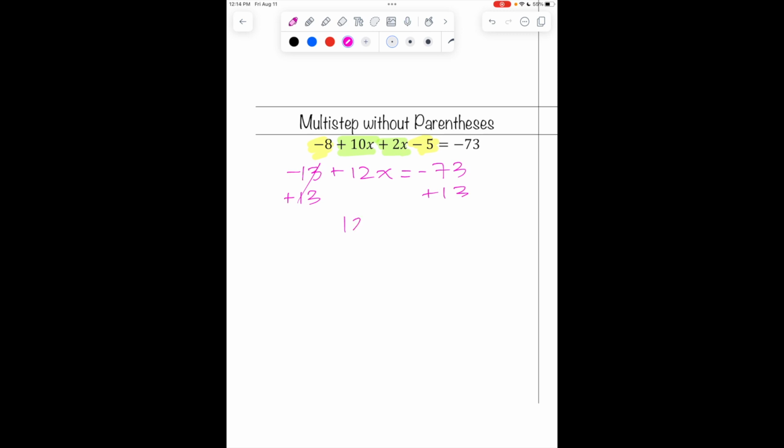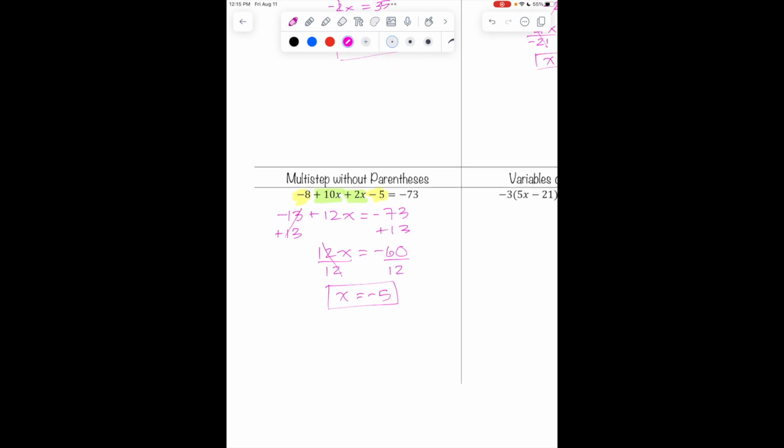So I have positive 12x equals, so negative 73 plus 13 gives me negative 60. I'm going to divide both sides by 12, and I get x equals negative 5. All right, so that is a multi-step without parentheses.